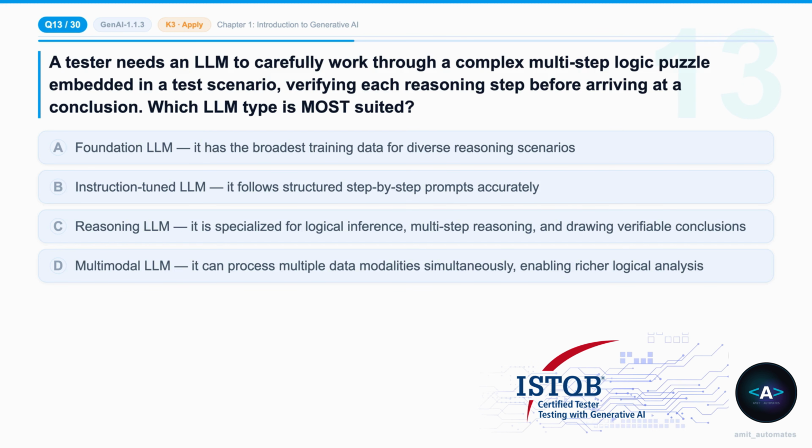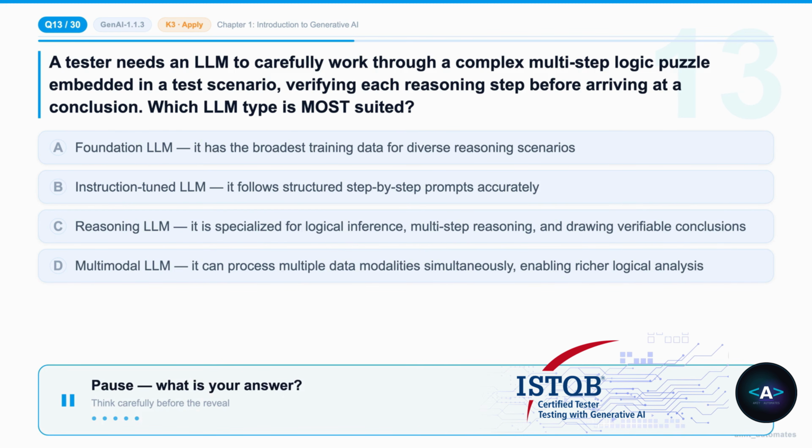B. Instruction-tuned LLM. It follows structured step-by-step prompts accurately. C. Reasoning LLM. It is specialized for logical inference, multi-step reasoning, and drawing verifiable conclusions. D. Multimodal LLM. It can process multiple data modalities simultaneously, enabling richer logical analysis. Take a moment. What is your answer?